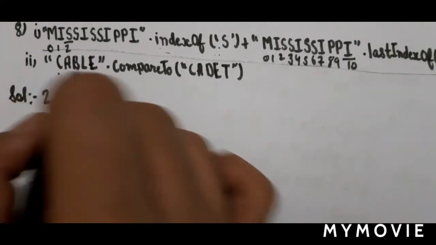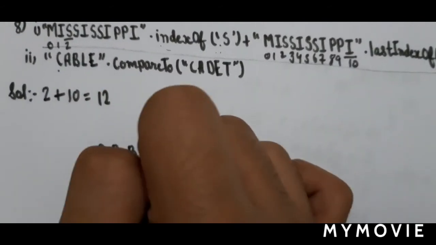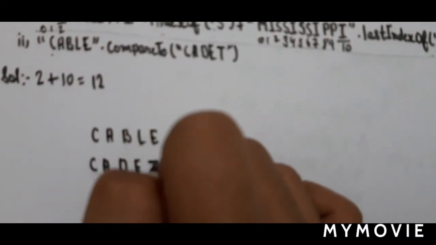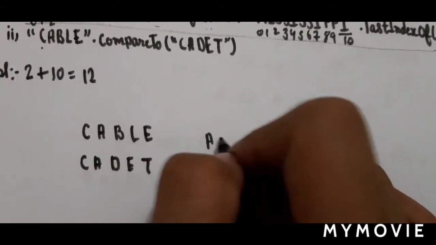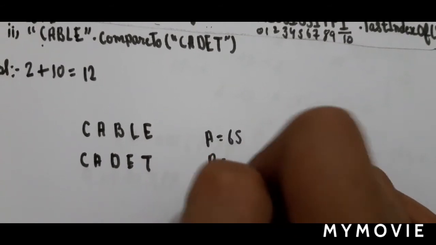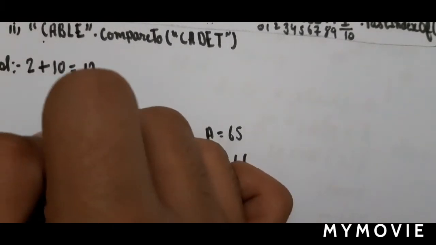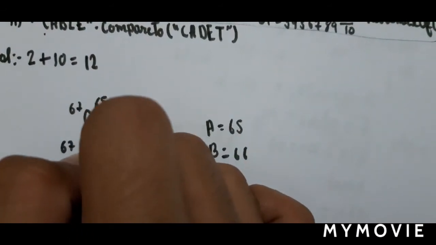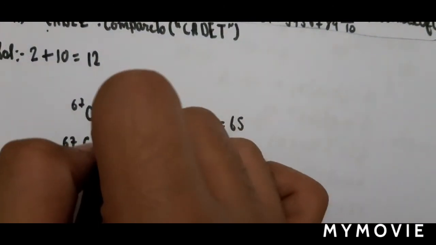Next is cable dot compareTo cadet. I told you the compare method in my videos. For compare we should know the ASCII codes. A code is 65, B code is 66, and it moves till Z. C code is 67, A code is 65, B code 66, D code 68.